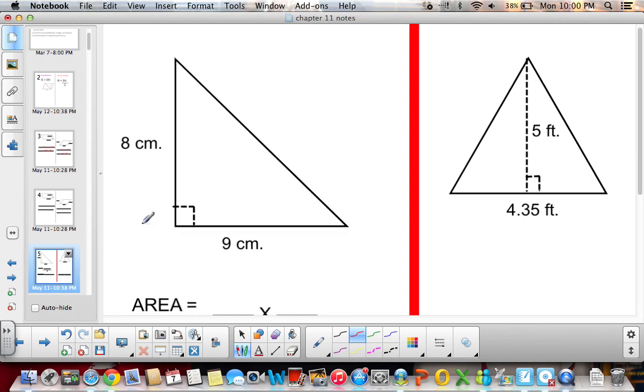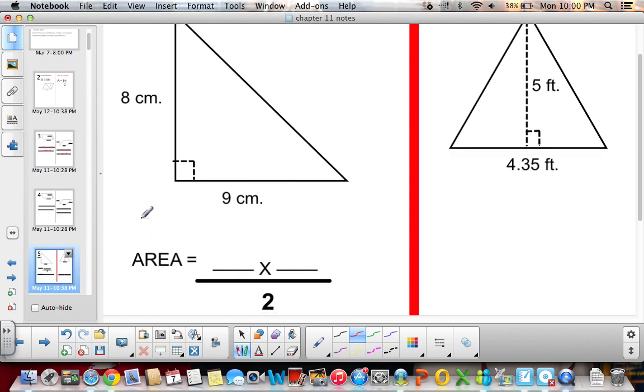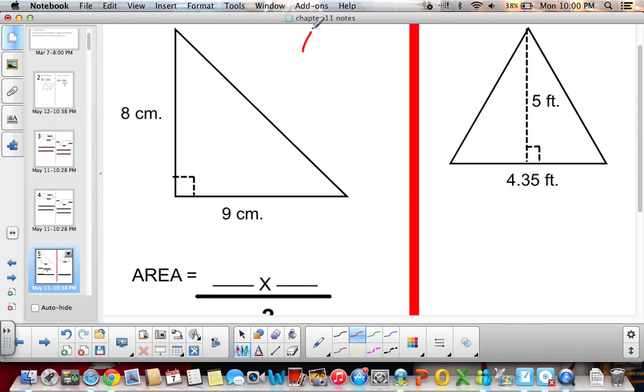If we are given these triangles with these dimensions, remember a triangle, the area is base times height over 2, or base times height divided by 2. You could also write it as 1/2 times base times height. That might be a little bit easier for you.